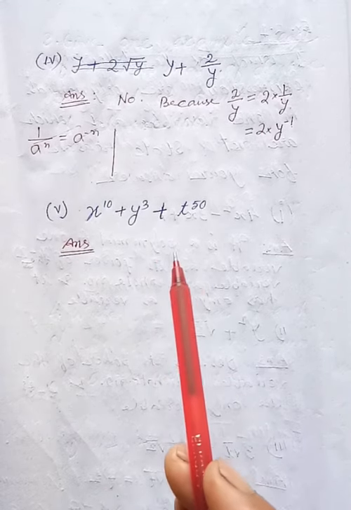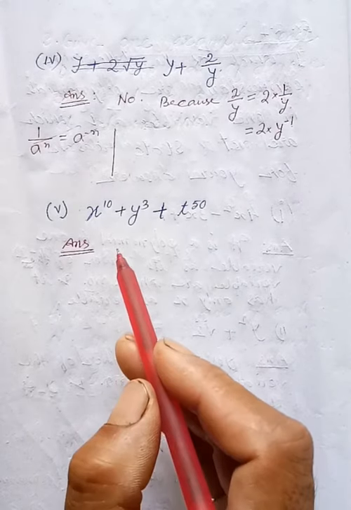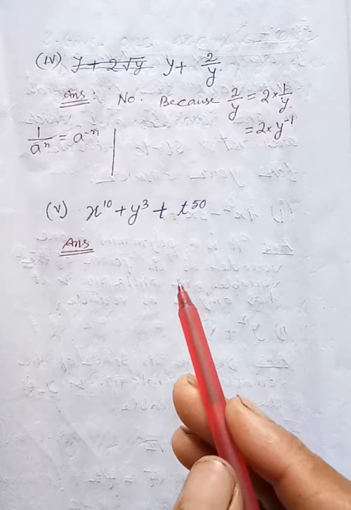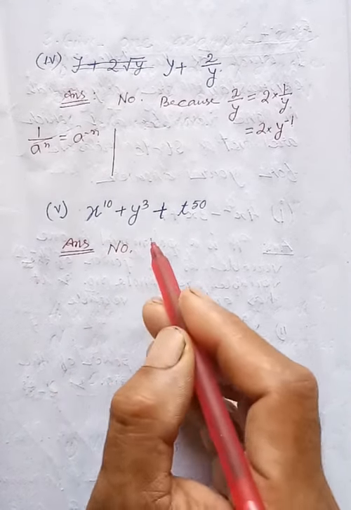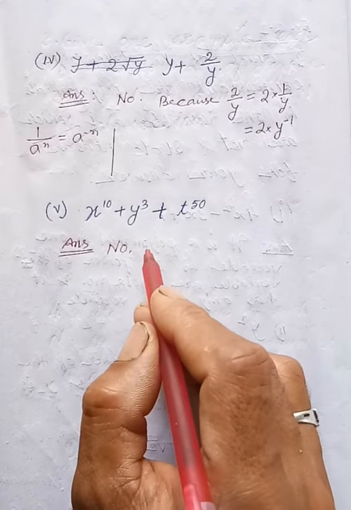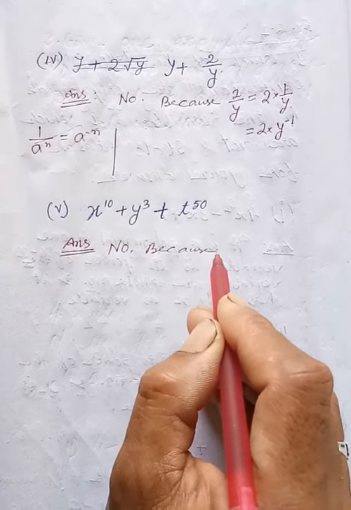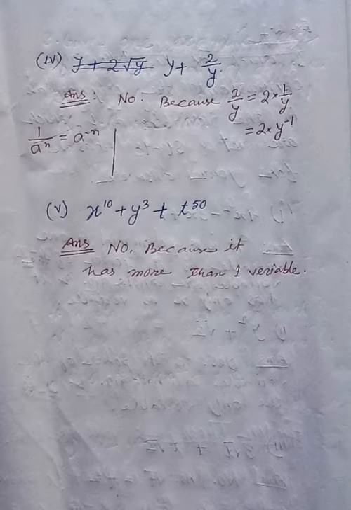So it is not a polynomial in one variable. It is just a polynomial, but not a polynomial in one variable. So your answer is no, because it has more than one variable.